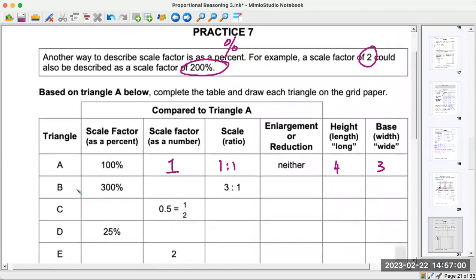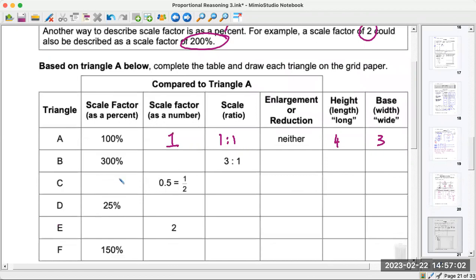Okay, next one, we're going to draw this triangle B, 300% larger, meaning it's an enlargement. So the scale factor is 3. Just cross off these 2 zeros. That's how you do that. Okay, and it's 3 to 1. It's an enlargement.